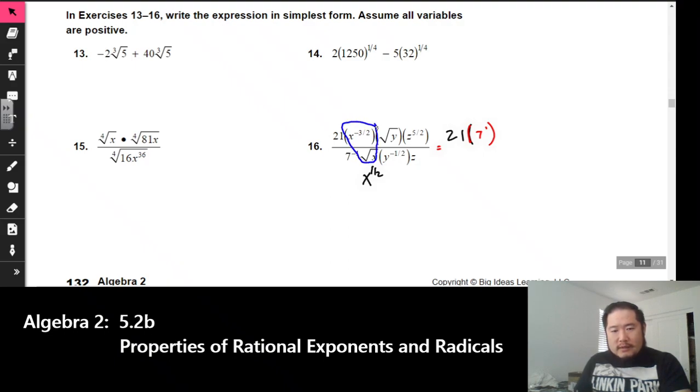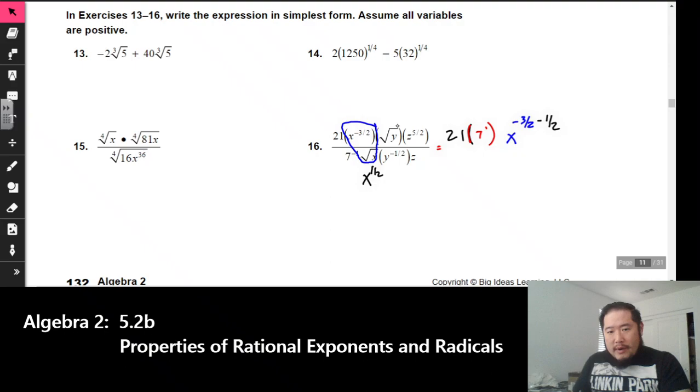It is the x's. Let's go ahead and rewrite this as x to the negative 3/2, and then since we're subtracting, it'll be minus 1/2. So there's the x.